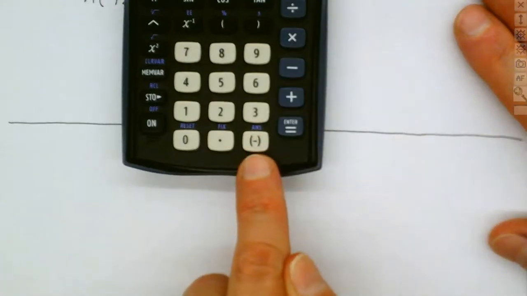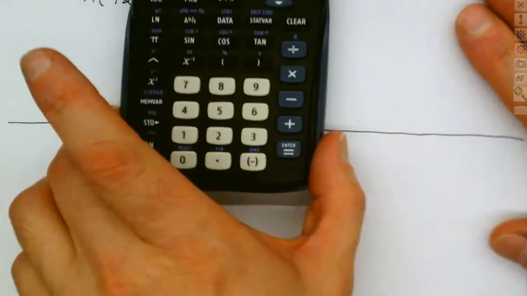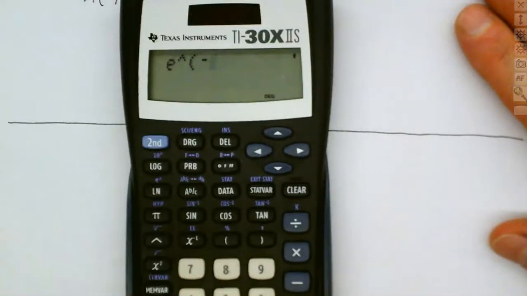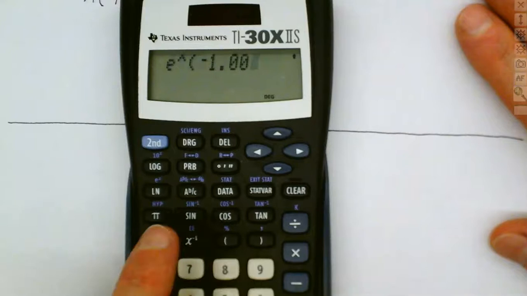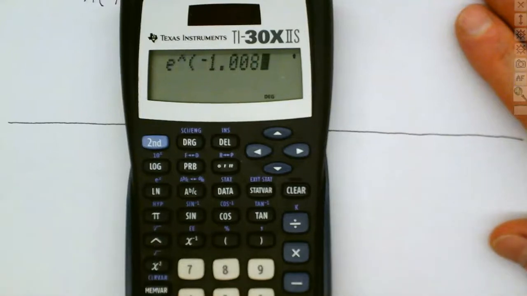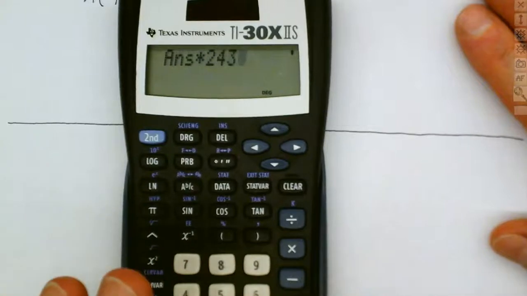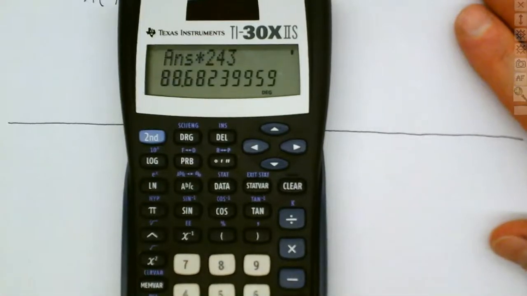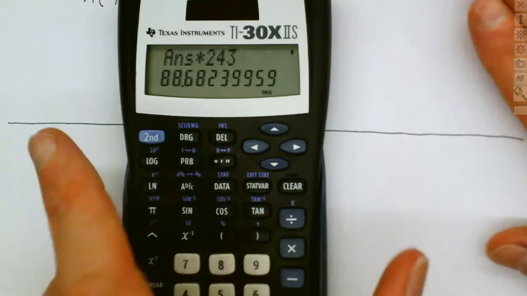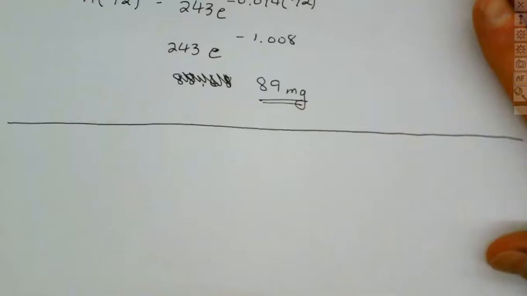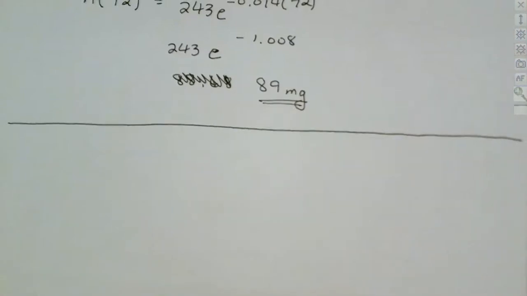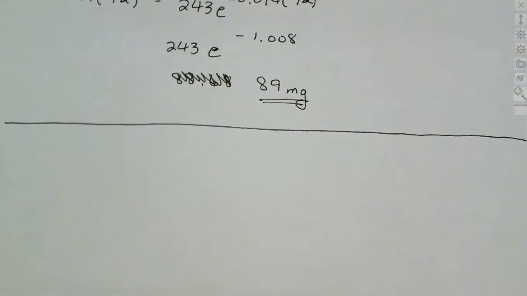Use the change sign button. Okay, so use that to change the sign. And now we want 1.008. It's going to be negative. We hit enter, and then we multiply that by 243. That gives me that 89 milligrams when you round. So you'll either have one style of calculator or the other. But either way, you should end up with 89 milligrams.